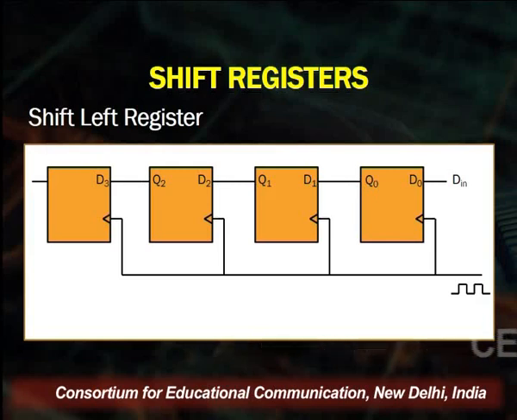In order to test whether the circuit is functioning or not, we feed just one input of the D0 flip-flop as 1, a binary 1. Then the initial state of Q3, Q2, Q1, Q0 is 0, 0, 0, 0.